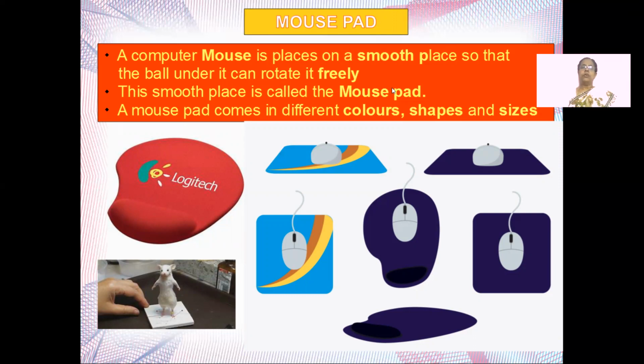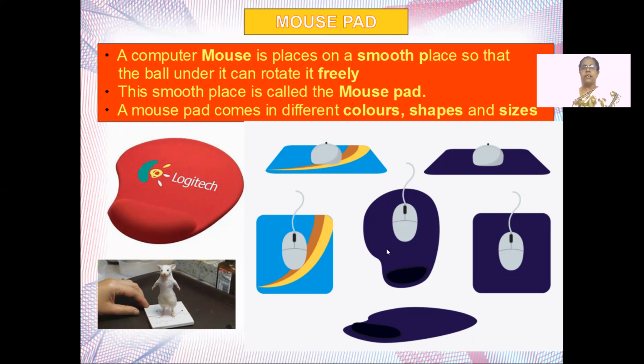It helps to move the mouse freely and helps you to move the cursor. See, the cursor is moving as I'm moving the mouse. So a computer mouse is placed on a smooth place so that the mouse will move freely. And this smooth place is called a mouse pad.